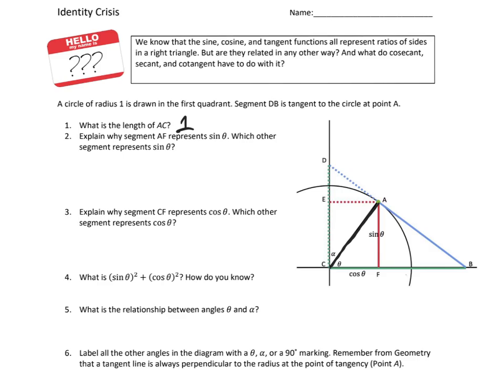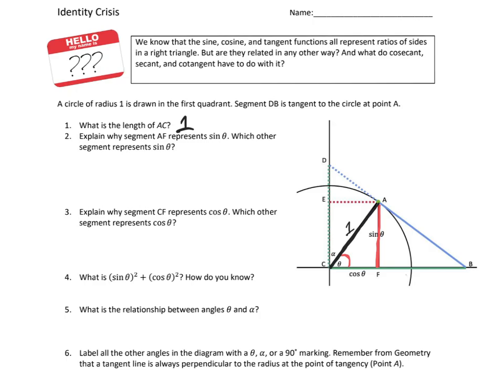Well, in right triangle trig, if we're looking at angle theta, sine of that angle would be opposite over hypotenuse. This hypotenuse happens to be 1. We just said AC equals 1.